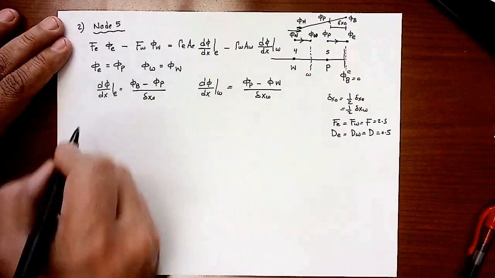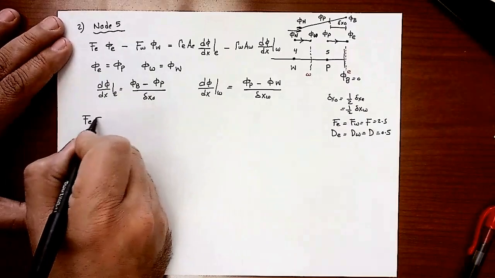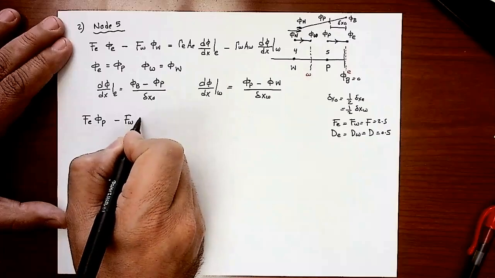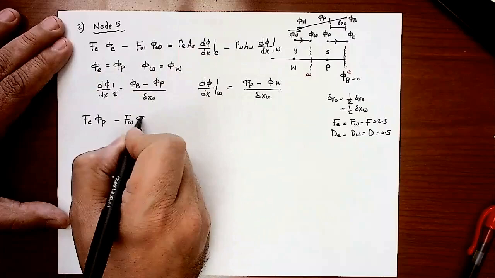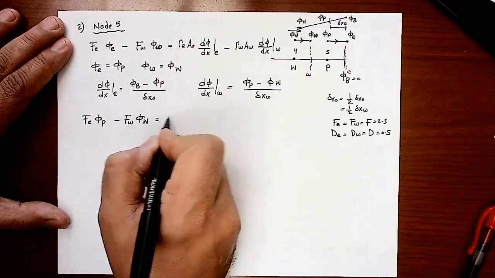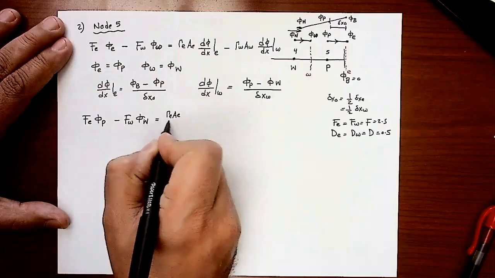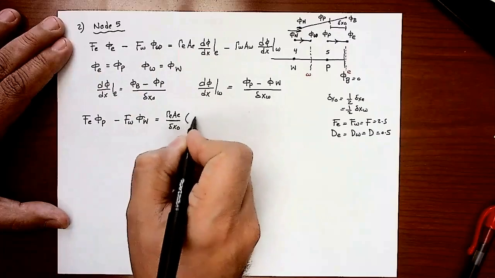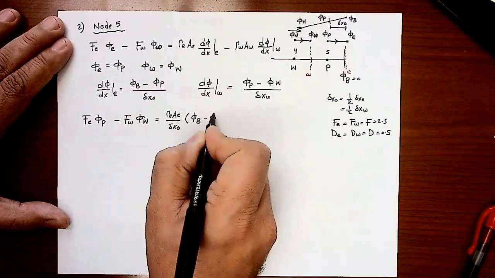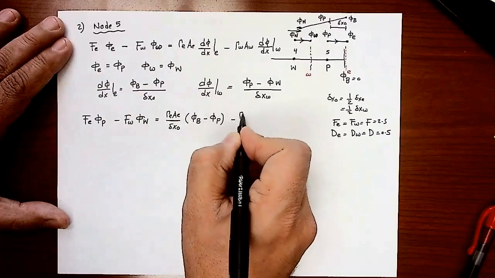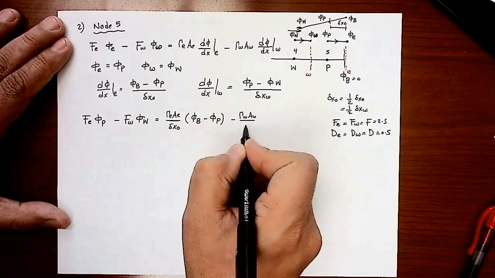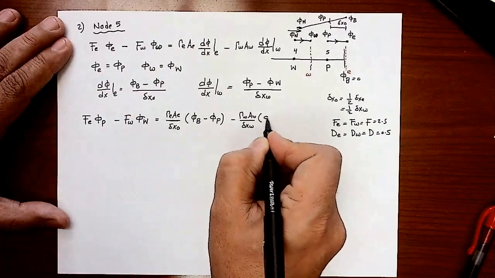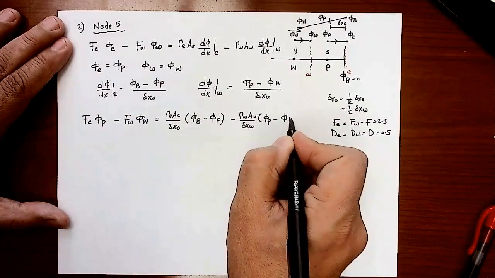F east times phi east minus F west times phi W, that's W small, will be phi W capital, equal to kappa east A east over delta x node multiplied by phi B minus phi P, minus kappa west A west over delta x west multiplied by phi P minus phi W.